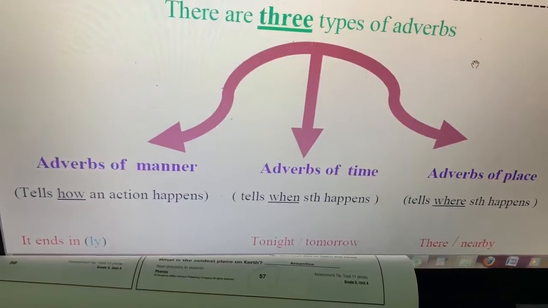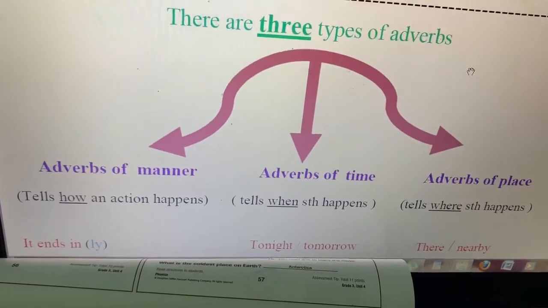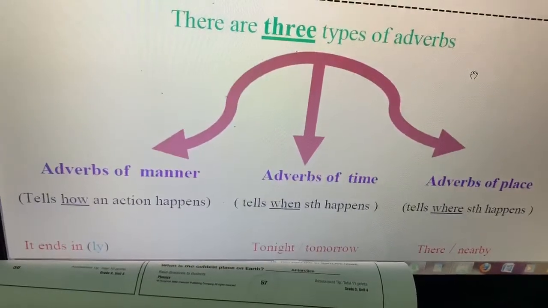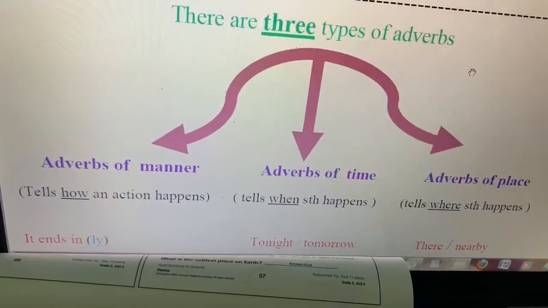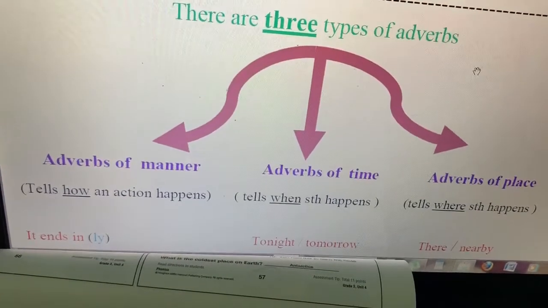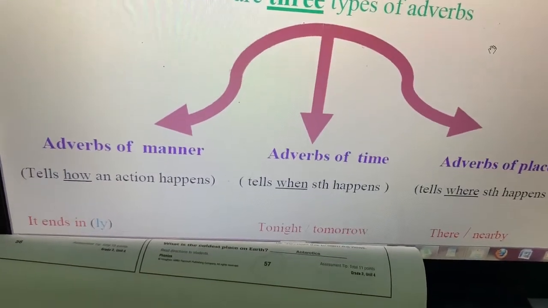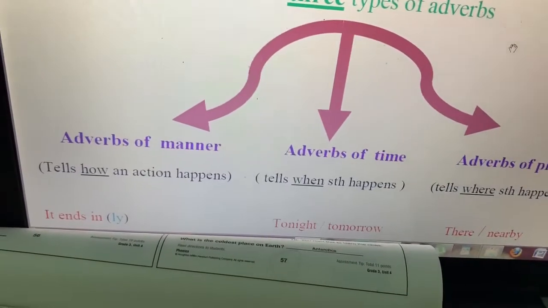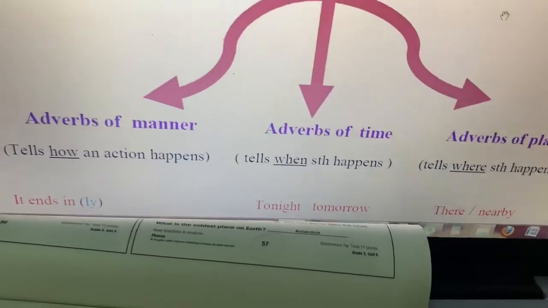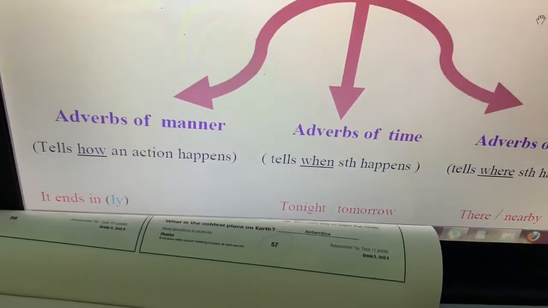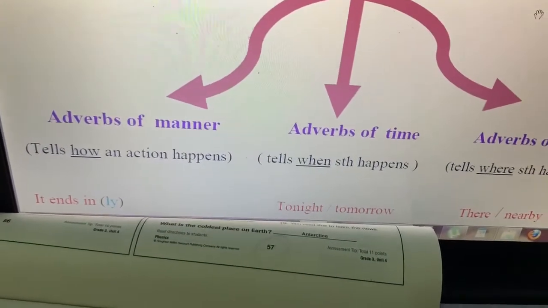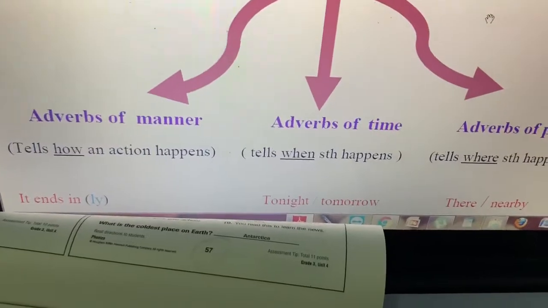What are the differences between them? Adverbs of manner tell how an action happens and it ends in ly. It means how. How did Ahmed write his paragraph? He wrote his paragraph nicely. Okay, it ends in ly.